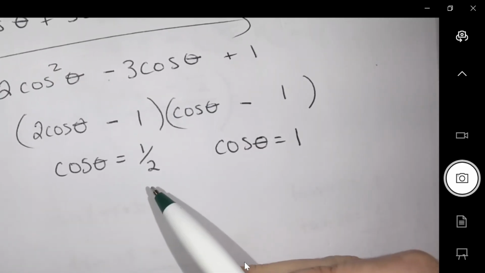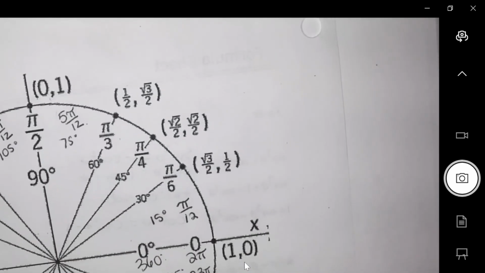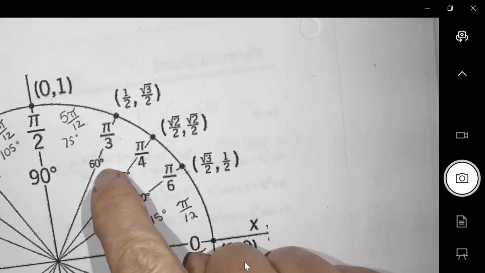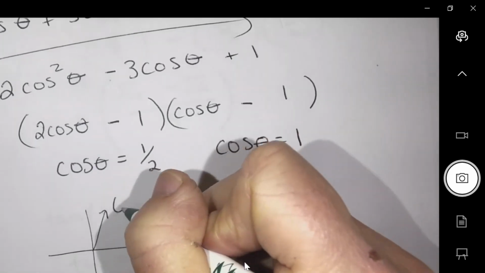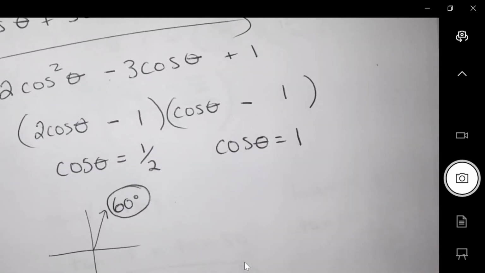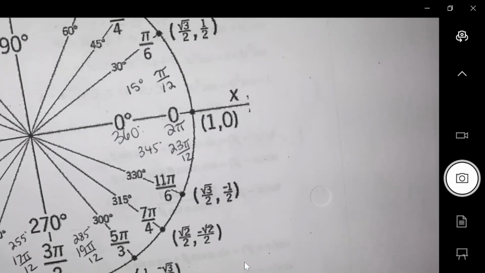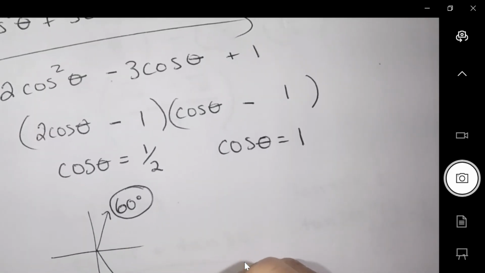So where is cos a half? Where are you even looking? I'm looking here, so 60 degrees. And the other x of a half, do you think, find it at 300?